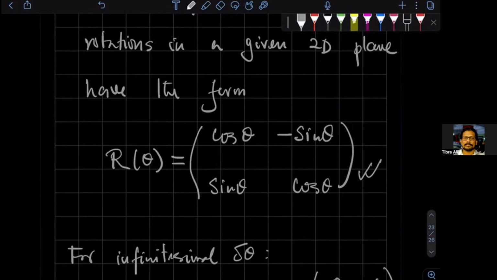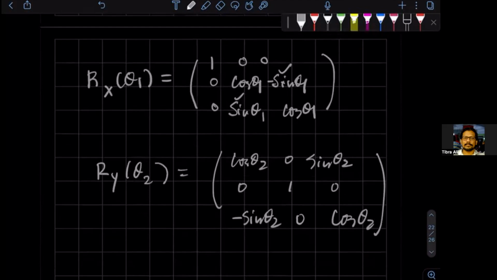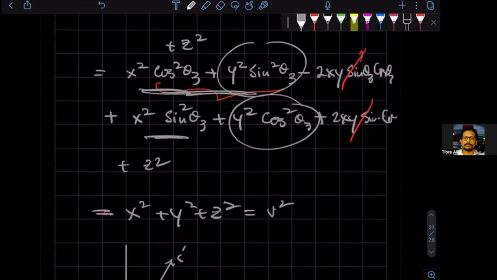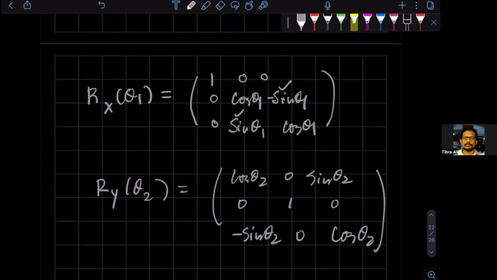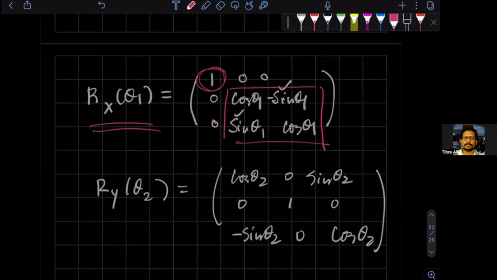So the fact is that if you look at the SO3 matrices, you see that there are subgroups. So for example, if you take all the matrices of this form, nothing is interesting happening in the planes which involve the X plane, right?